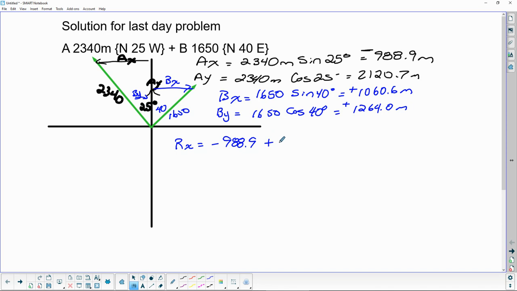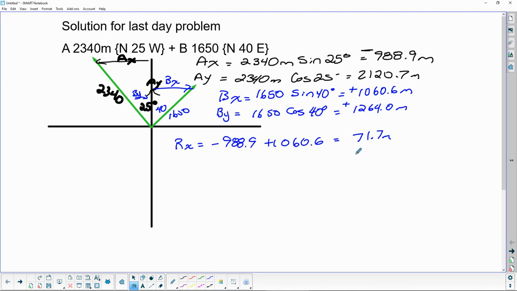900.9 plus 1060.6. Okay, so 1060.6 subtract 988.9, and we get a small value of only 71.7 positive.